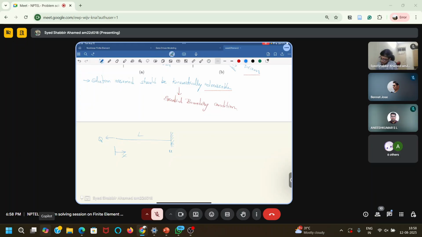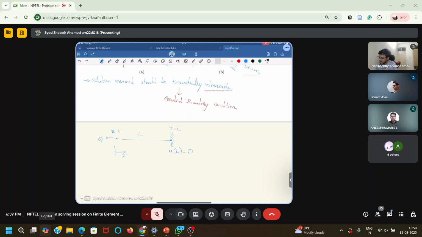Here the domain starts from x equals 0, which is the free end, and x equals L, which is the fixed end of the bar. At this end, the displacement, or the deformation of the bar, is 0.